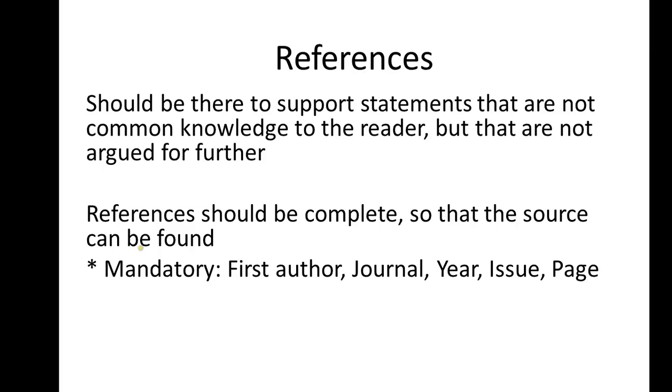So these things really have to be there. And then all other things are sort of optional, but typically you follow a style where you also have lots of other things. You have the title of the paper, and you have all the authors, and maybe even a Dewey number and so on.